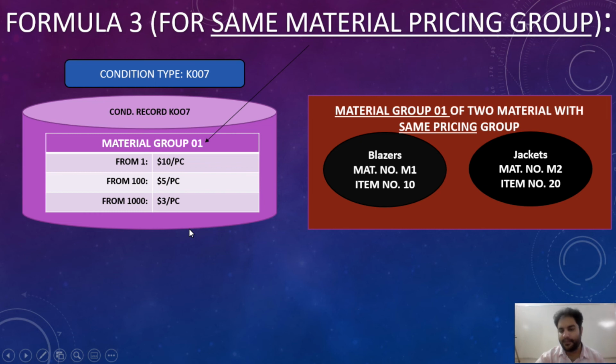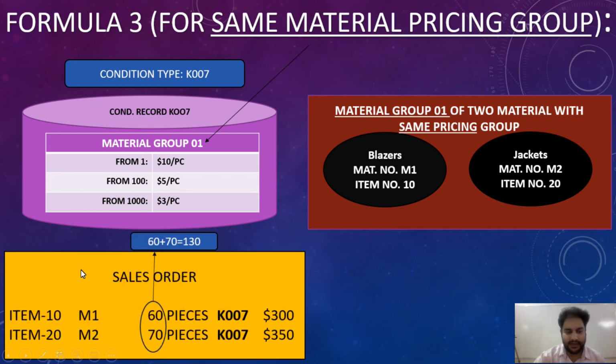Okay. So there is a sales order, item number 10 material M1 60 pieces, K007 is the condition type. Item number 20 M2 70 pieces, K007 is the condition type. Okay.